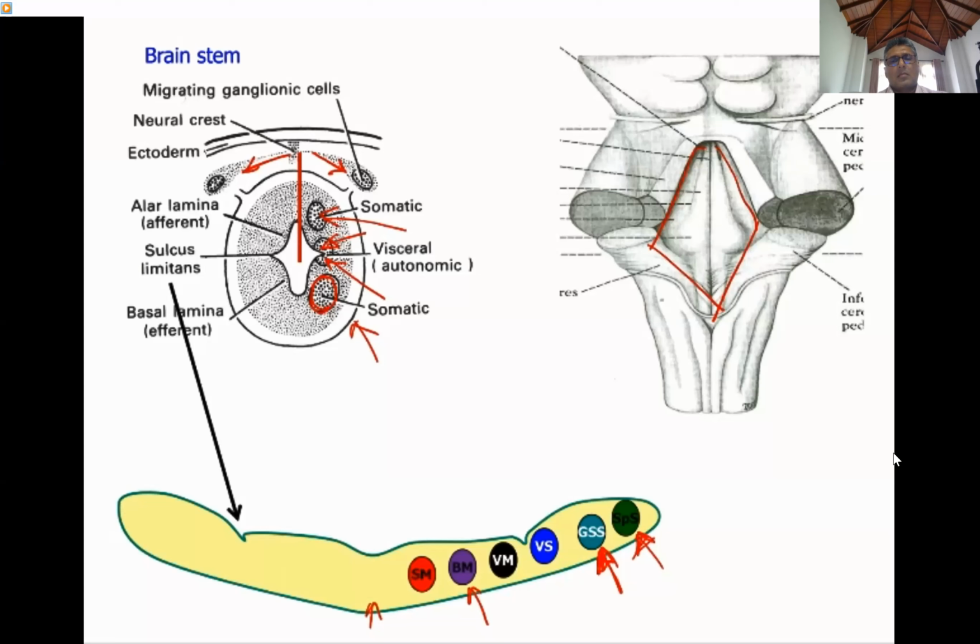Therefore, the special somatic sensory nucleus here will not have any relationship with vision and smell, with the optic and olfactory nerves. Then taste is taken as a visceral sensory, special visceral sensory thing. Therefore, that also does not come under special somatic sensory. The only thing left for special somatic sensory, therefore, is hearing coming through the vestibulocochlear nerve.